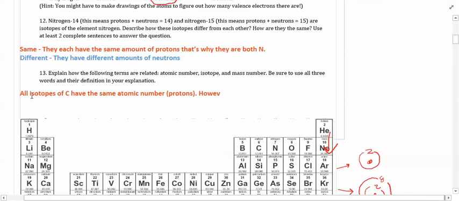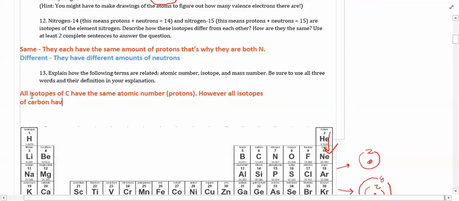However, all isotopes of carbon have differing numbers of neutrons, which gives them an average mass. So remember, the average mass is because all the isotopes have different masses. We average them together.